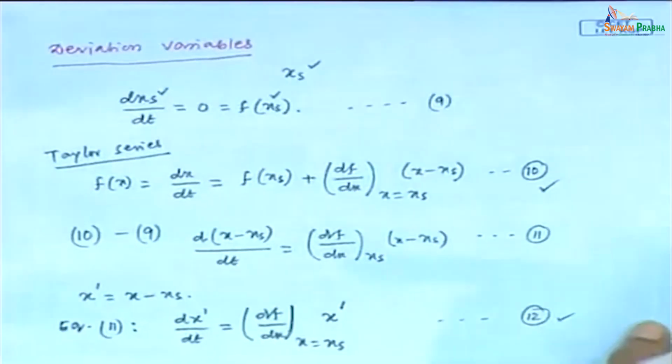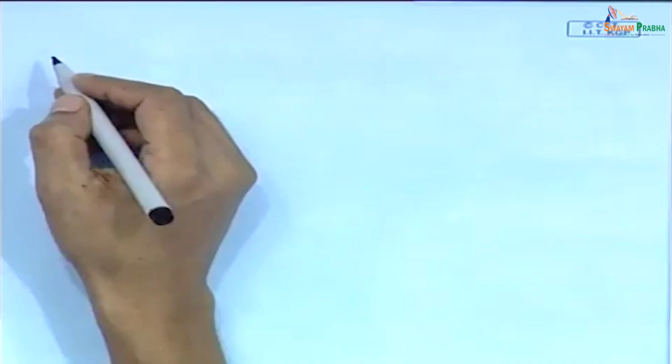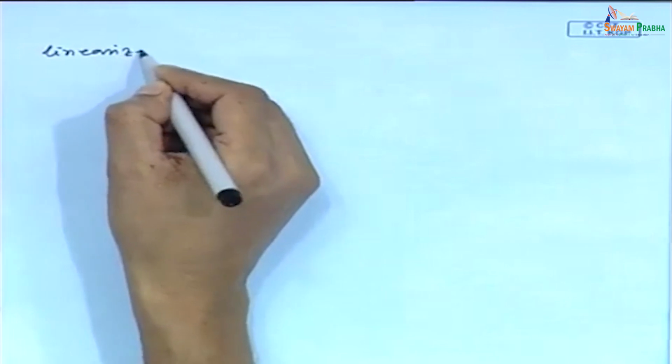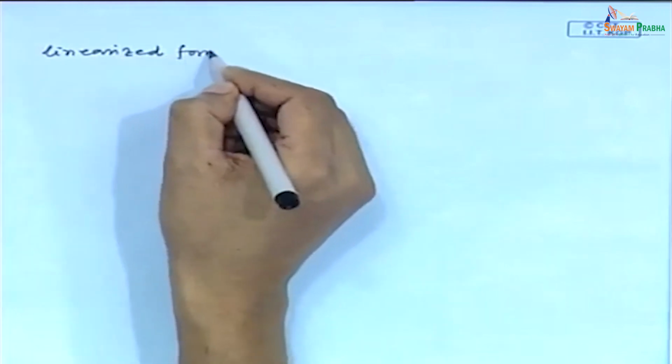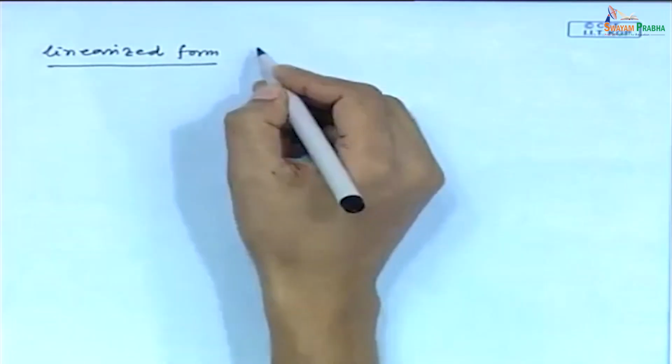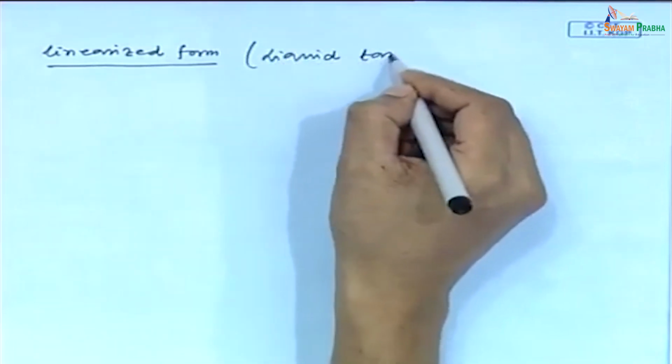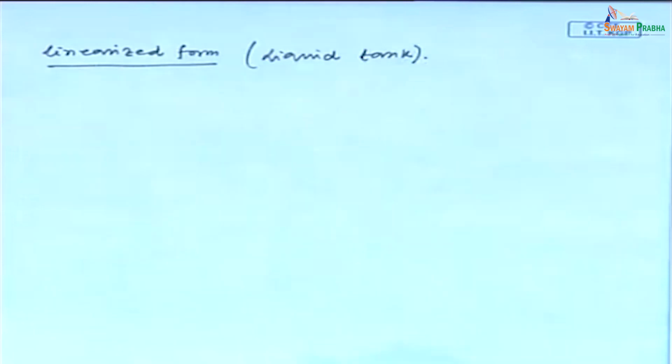Now we will continue that example again, that liquid tank system. Previously, for the liquid tank system, we got the linearized form in equation 8.